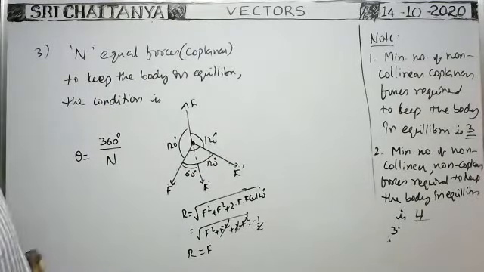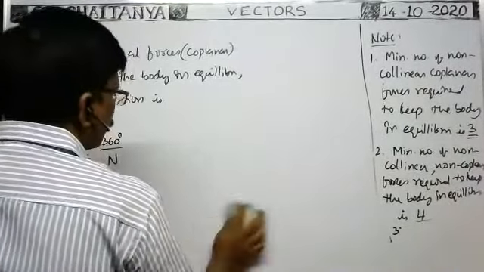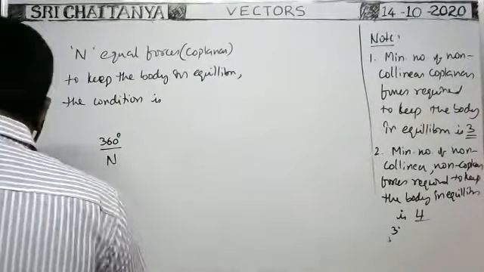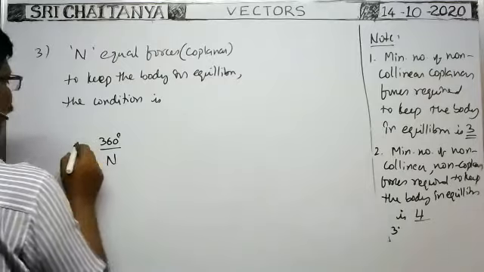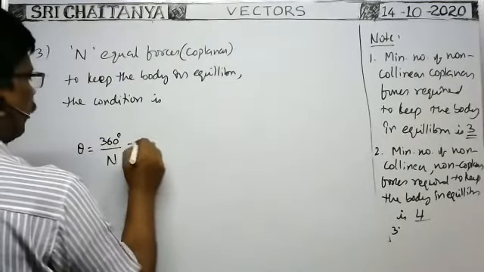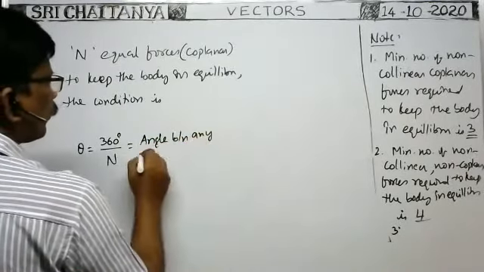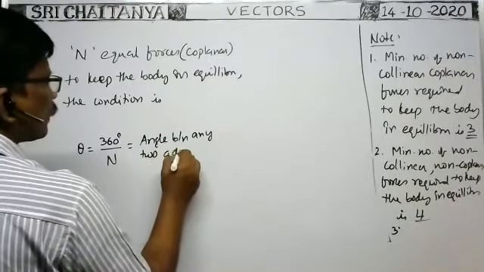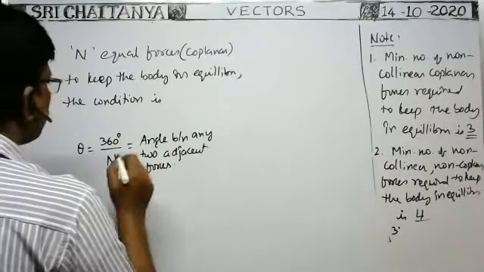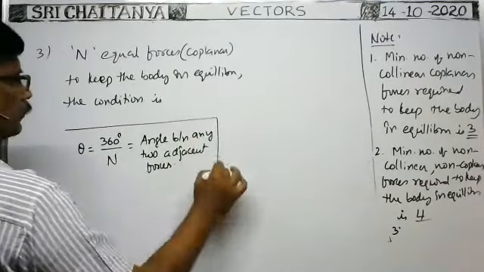So when n equal coplanar forces act on a particle simultaneously and keep the particle in equilibrium, it is possible when the angle between any two adjacent forces is equal to 360 degrees by n, where theta is the angle between any two adjacent forces. Adjacent forces, that is important.